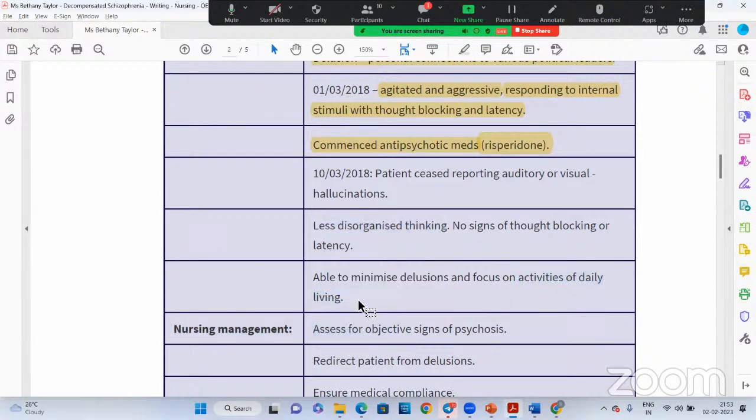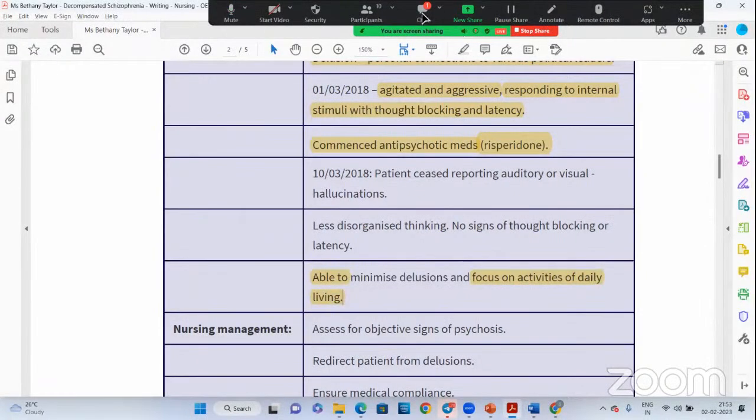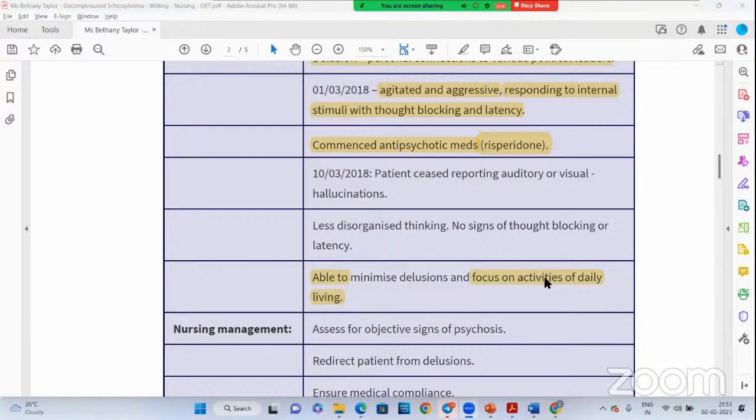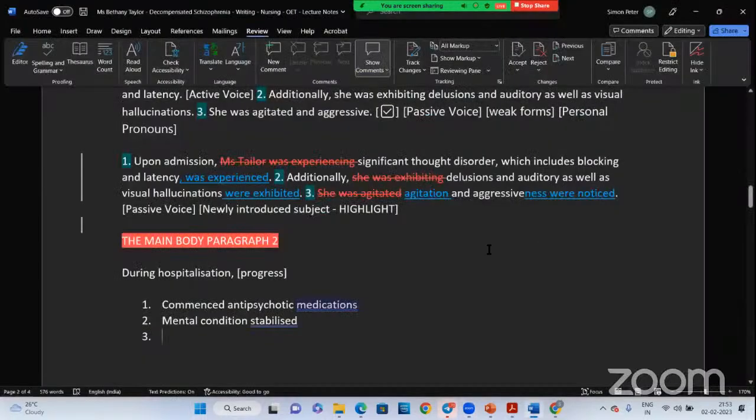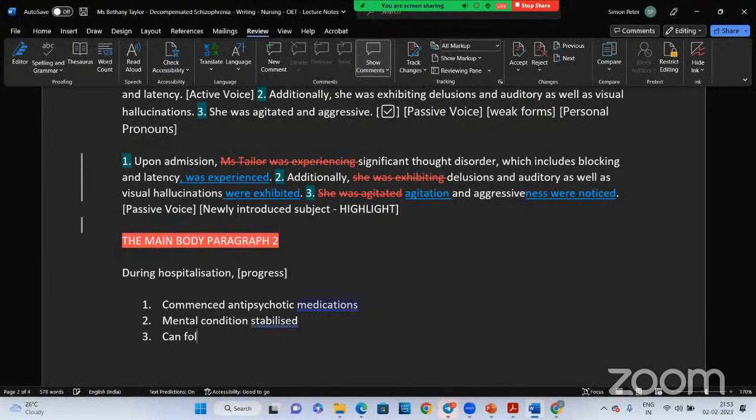Able to minimize. Now the ability is there. Earlier she was unable, now she is able to do. She is able to minimize and focus on activities of daily living. Next, able to means can.